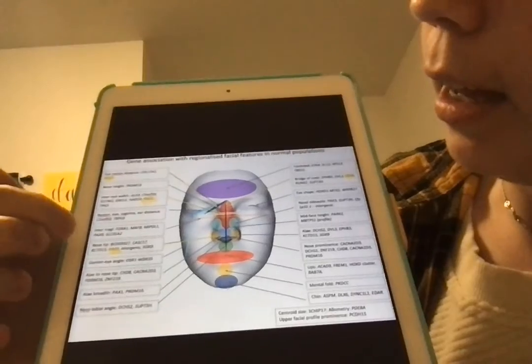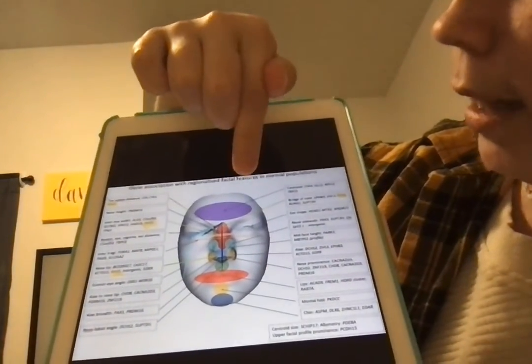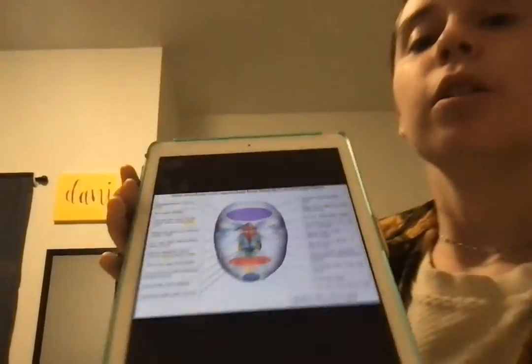It looks at the nose tip right there. And it also looks at the bridge of the nose right there. So we can see all these little different pieces working together to determine whether or not someone has certain characteristics. And those all just come from the PAX3 gene alone.